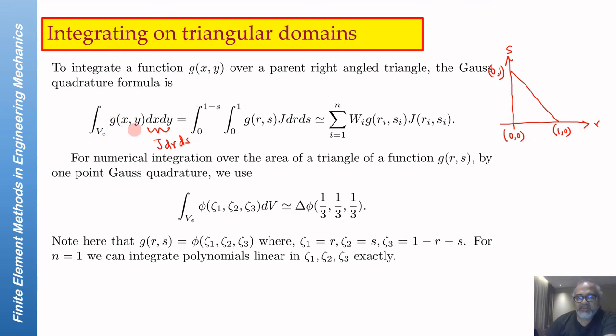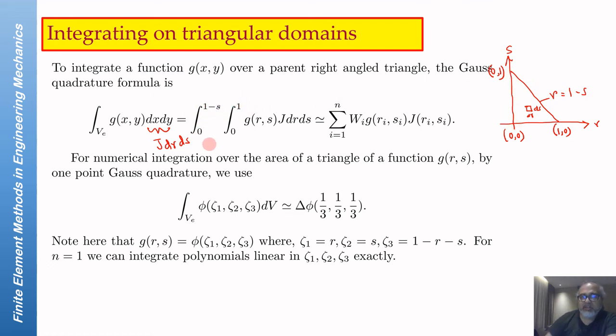But the domain of this integral, so if you take a small element here which has dr and ds lengths, the equation of this line is r equal to 1 minus s. You can verify that. So r will go from 0 to 1 minus s, while s goes from 0 to 1. So if you scan that way, you will get the entire integral.